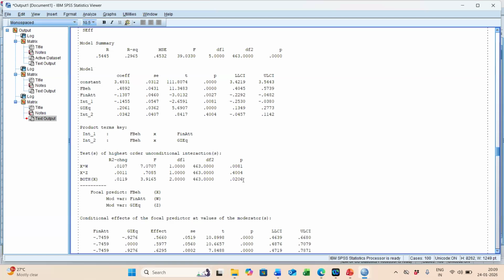The moderation effect of attitude as well as gender equality is also significant, but the moderating effect of gender equality alone is not significant. Hence, always remember, attitude is playing a vital role in moderating the relationship between financial behavior and financial self-efficacy.